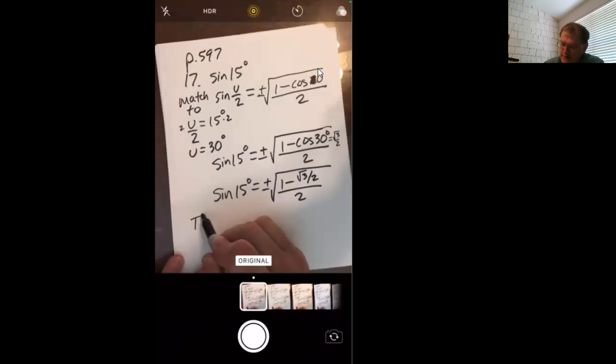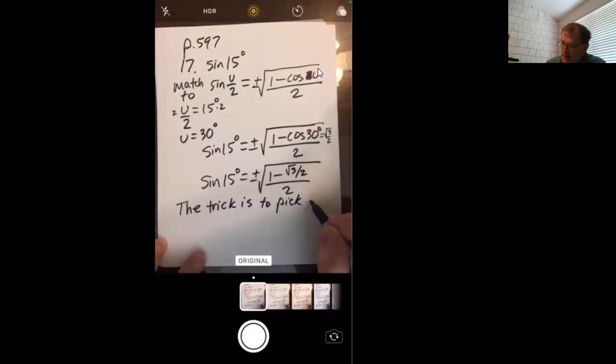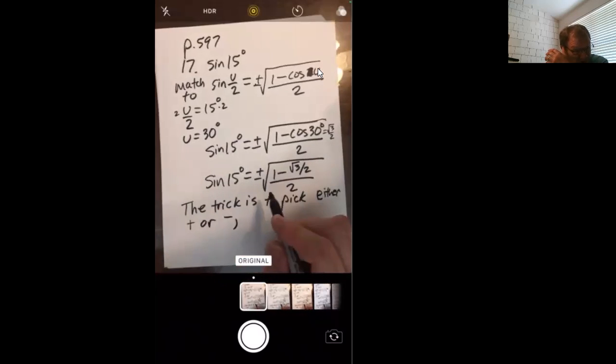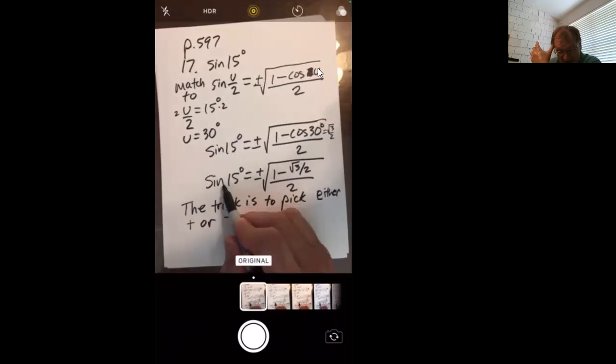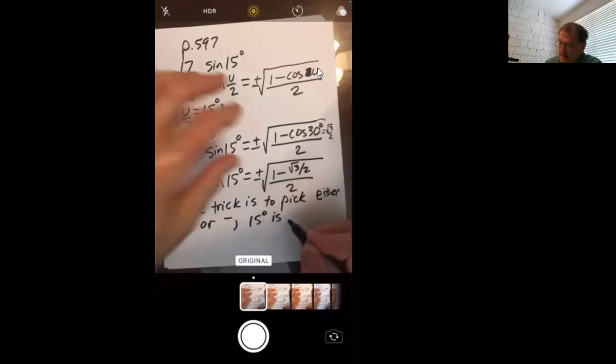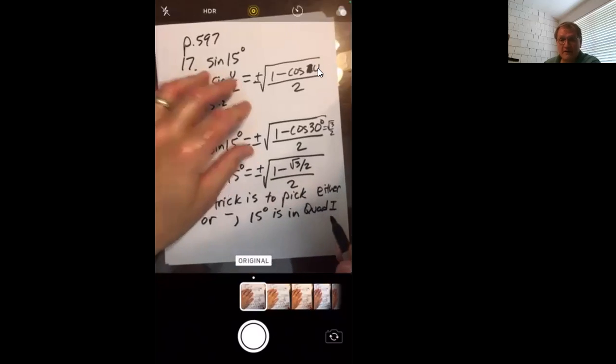Now, the trick is to pick the plus or minus, and it works by the 15 degrees and sine being the y coordinate. 15 degrees is in quadrant 1, and the sign is positive.